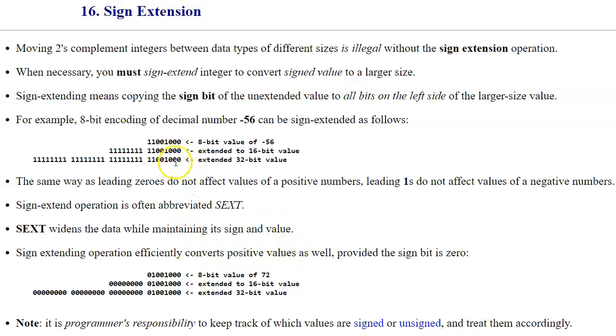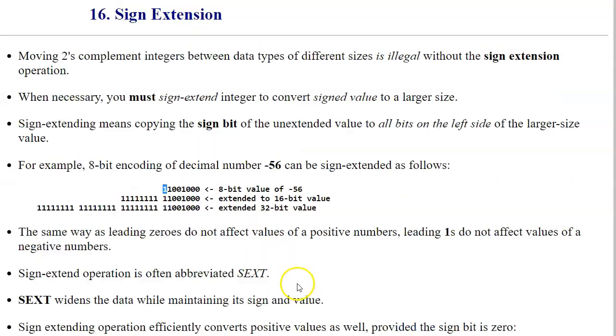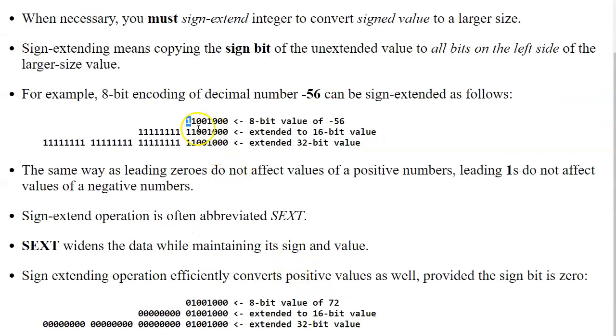So here in our example, I'm showing you an 8-bit value of -56. If we'd like to extend this value into a larger data type, which occupies twice as many bits, what has to happen is that we take the original sign bit right here and extend the sign bit into the higher bits.